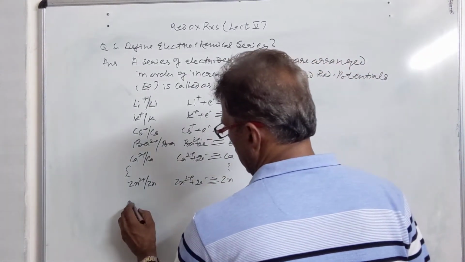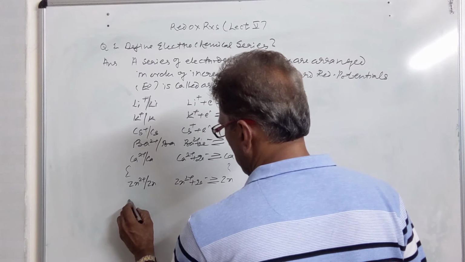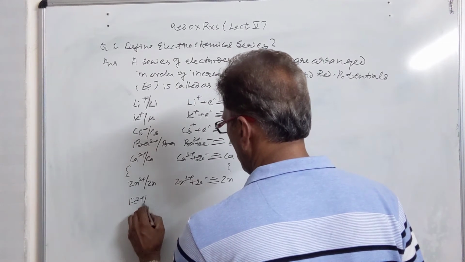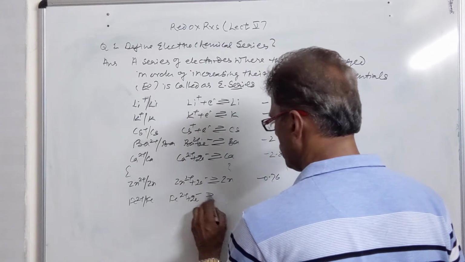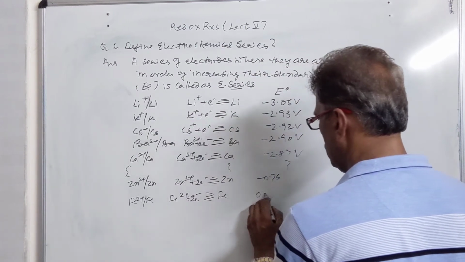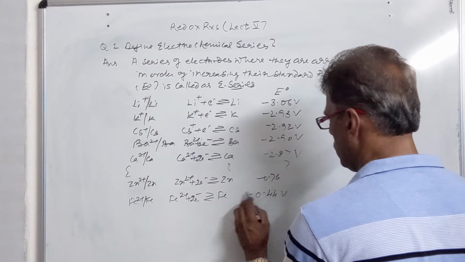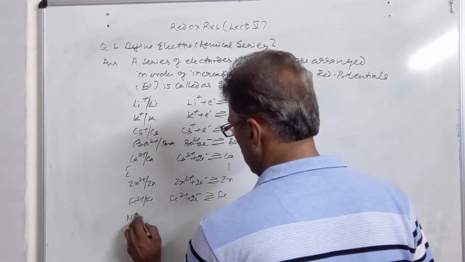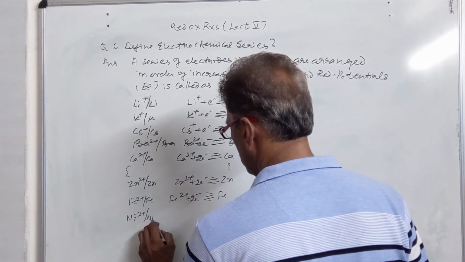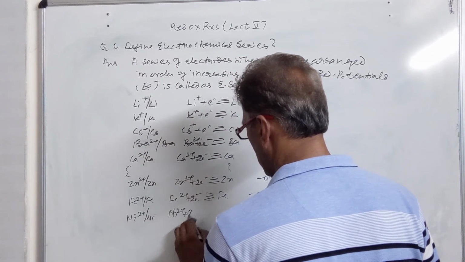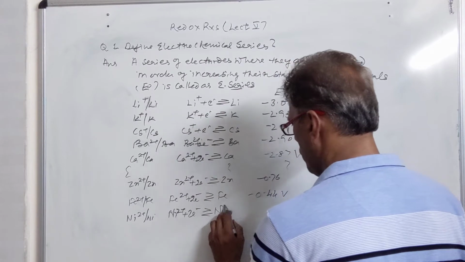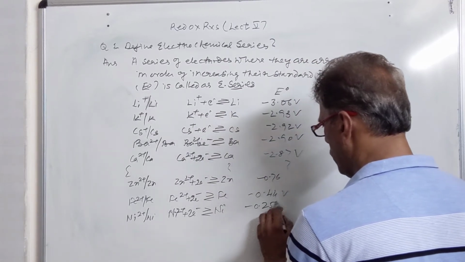Then after zinc we have nickel, iron, 0.44 volts. Then we have nickel, Ni2+ plus 2 electrons, value is 0.25 volts.